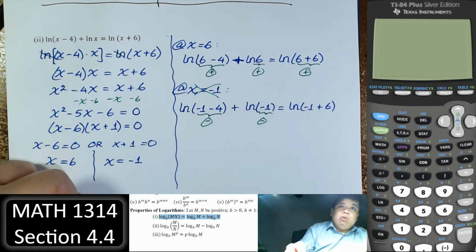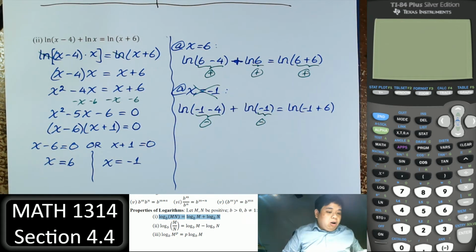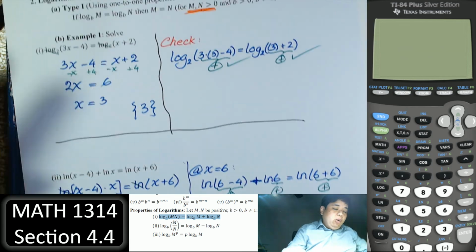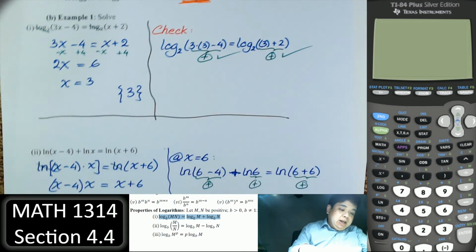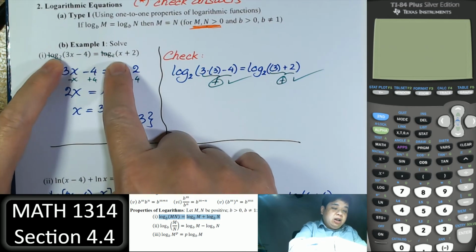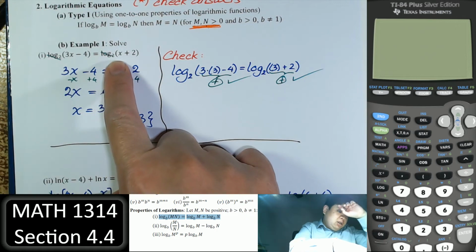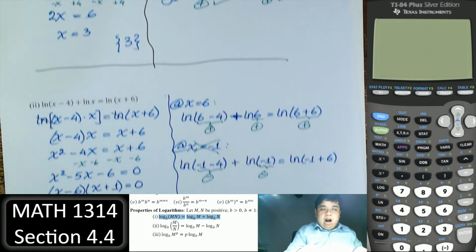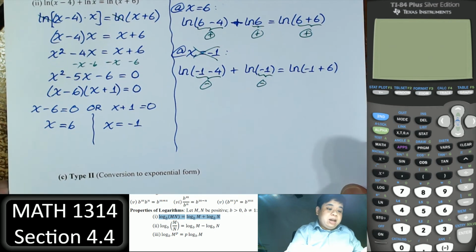Again, it's not going to work. So make sure for logarithmic equations, the arguments must be positive. Right, so that is the first type, where logs are everywhere. Make sure we have one on each side, so the logs have the same base. We cancel the logs, and the arguments of the logs should be the same.